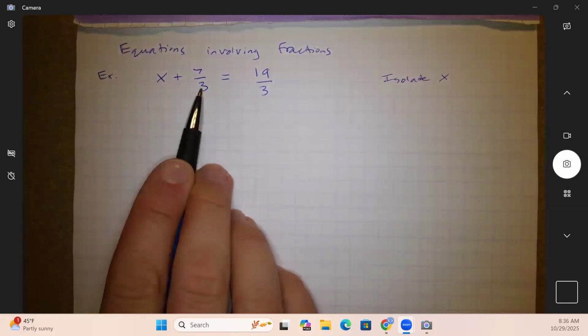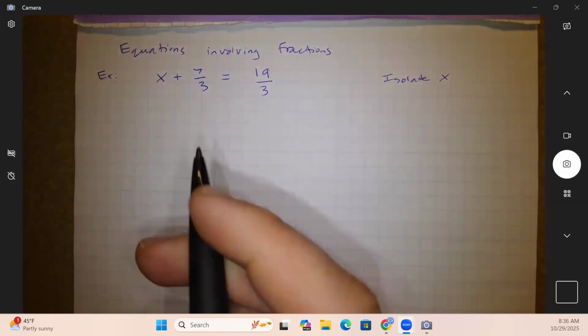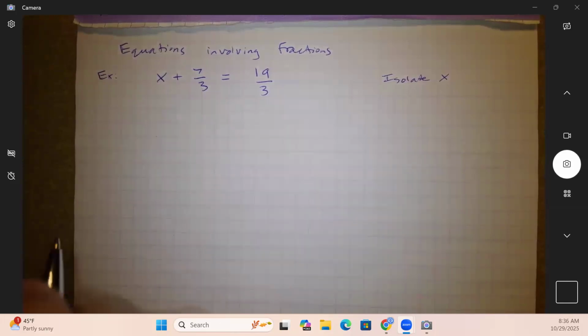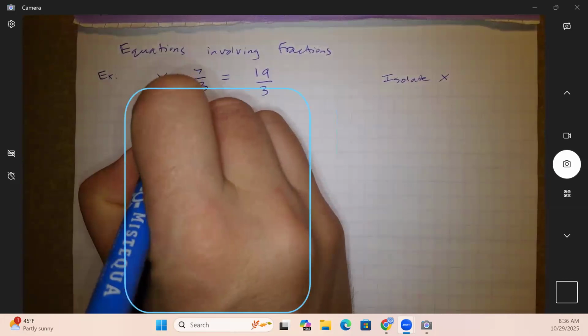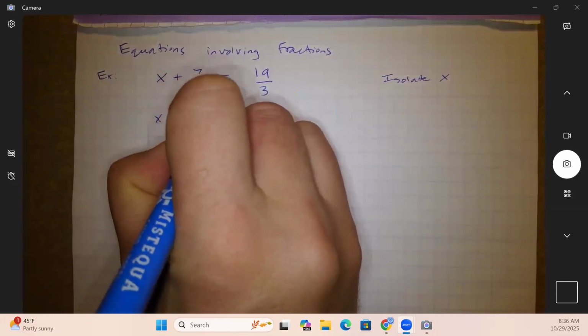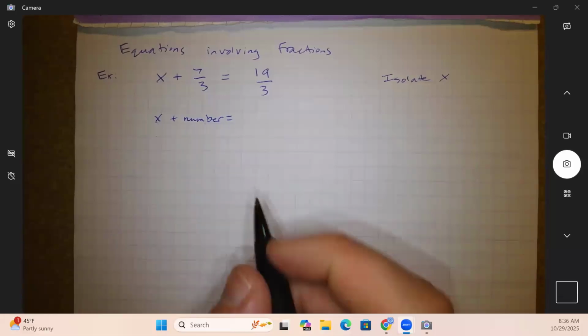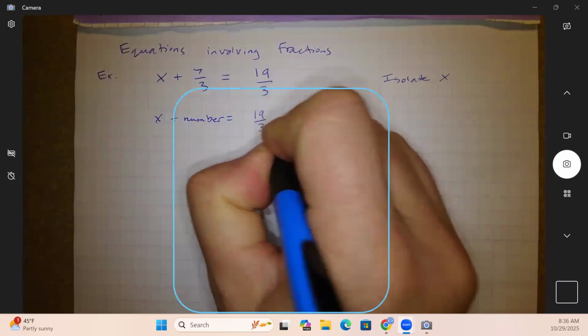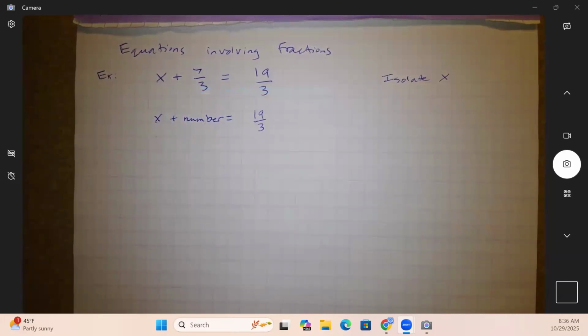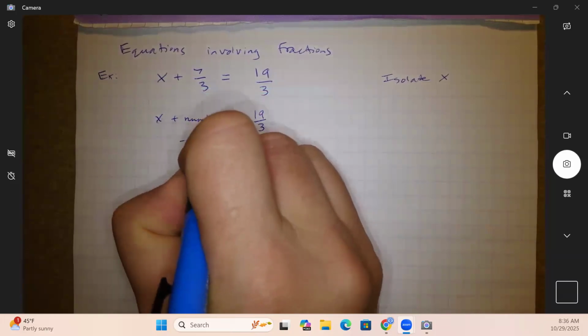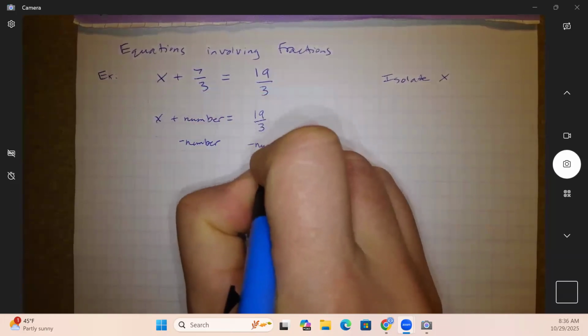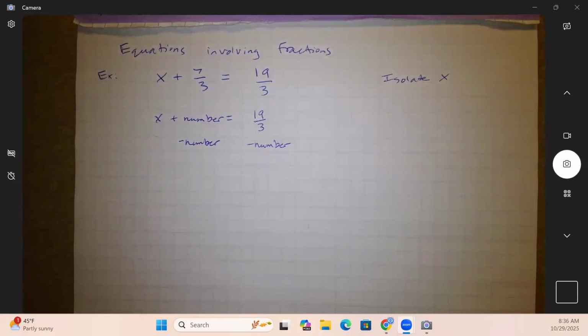This is x plus a number, right? So you have to see this as x plus a number. Even though that number is a fraction, it's just a number. So how do you isolate x when you add a number to it? You subtract the number. Just in this case, what we're going to be subtracting is a fraction, but that fraction is still a number.